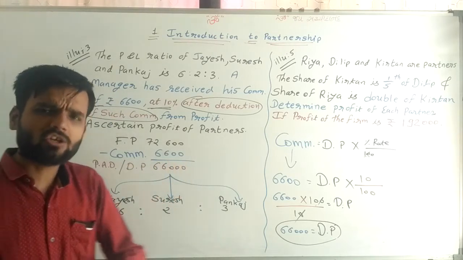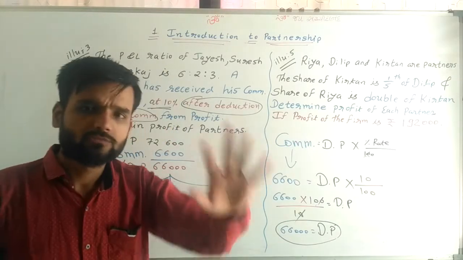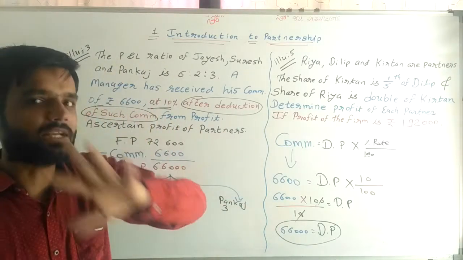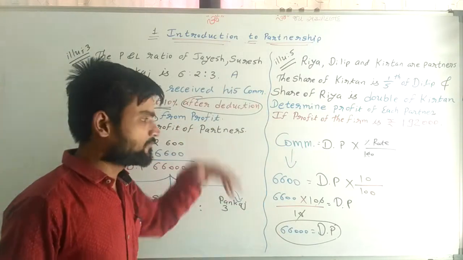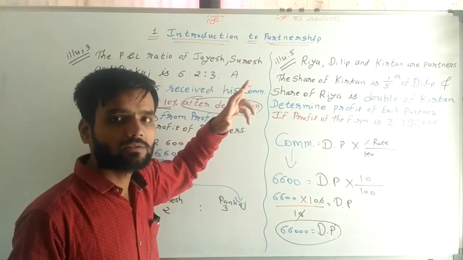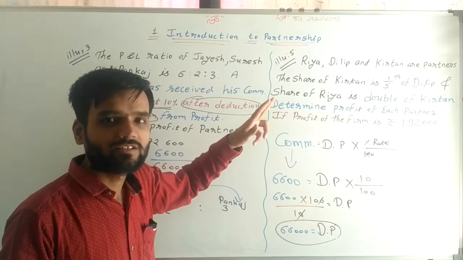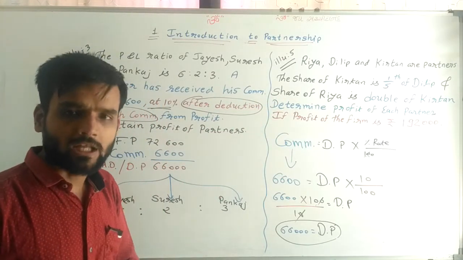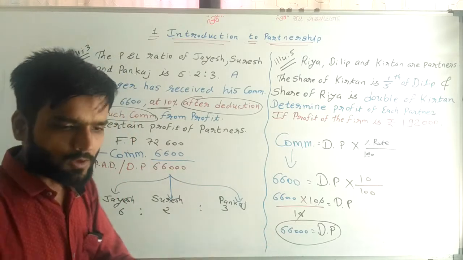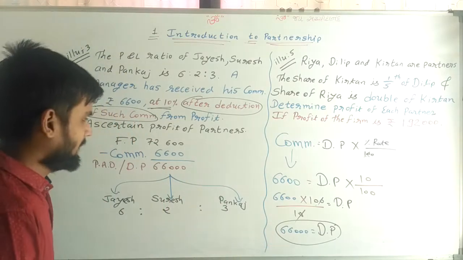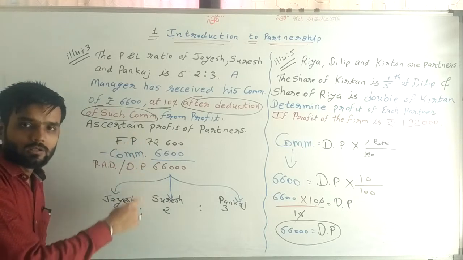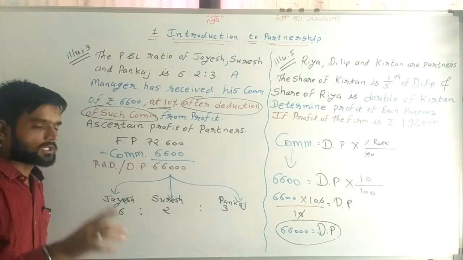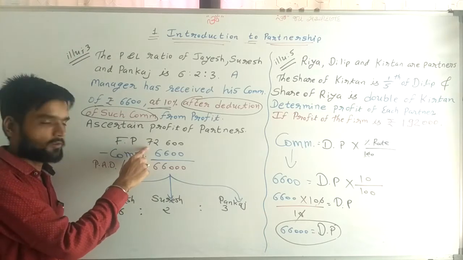Now any one of the two formulas you can use. But by different formulas, you will get different answers. In the first formula, you get the firm's profit. In the second formula, the divisible profit. Now, from both you can use one, and then after, by placing those values in this format, you can find the other value also. Suppose first we have found the firm's profit.